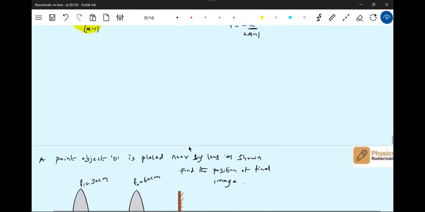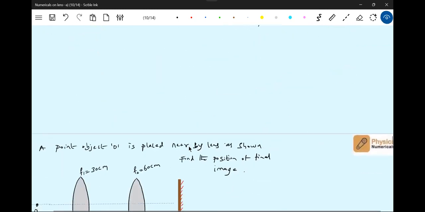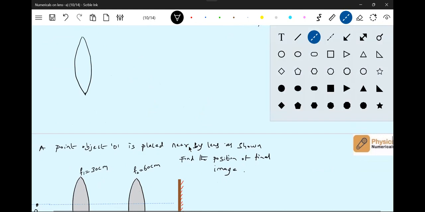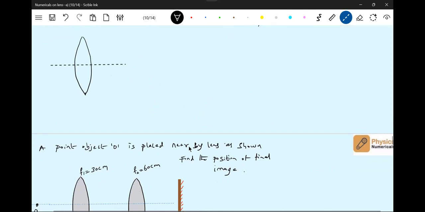If you cut them horizontally, if this is the lens, horizontally means somewhere here.